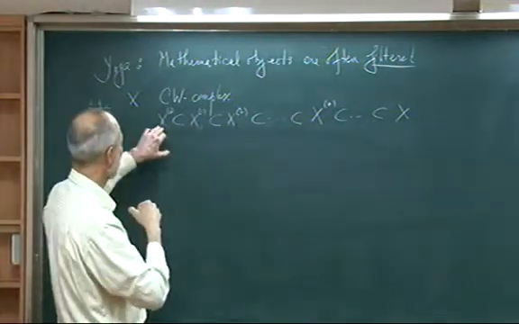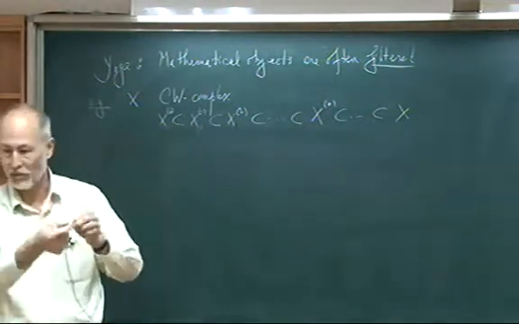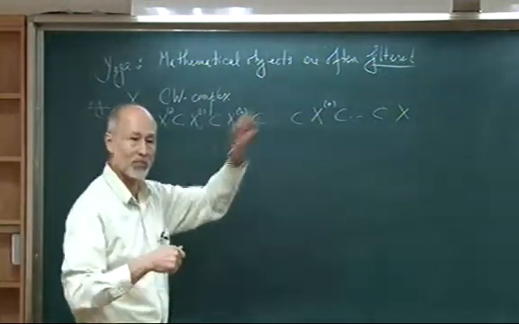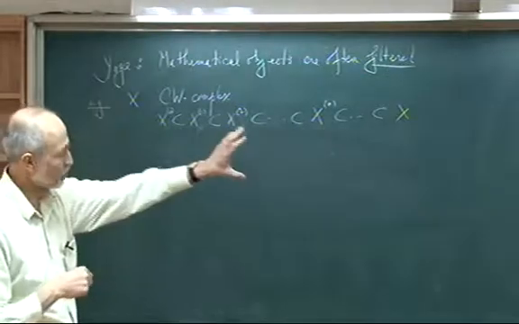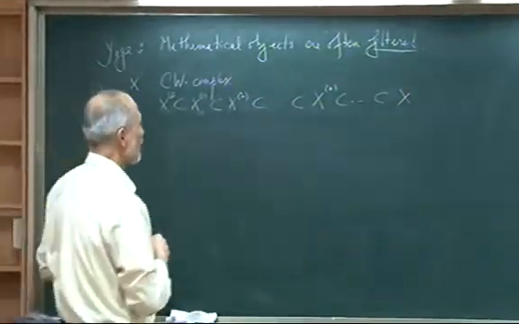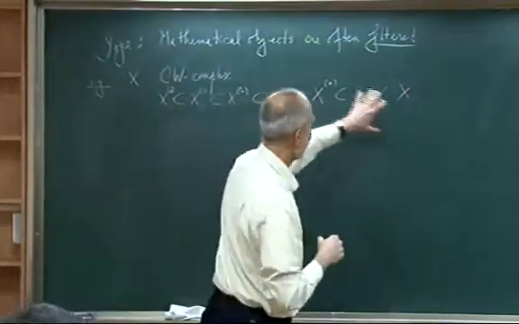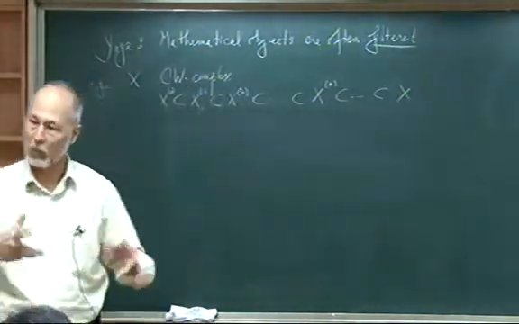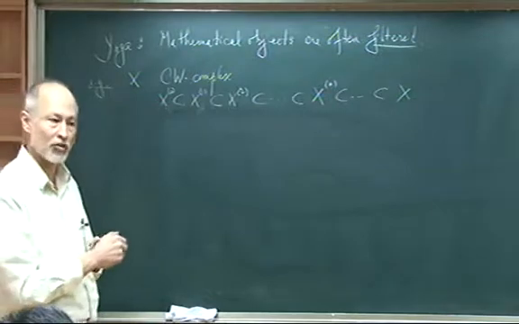And so I begin with a bunch of points. I add some lines between the points. I add some disks. I add some balls. And in this way, the CW complex has a natural filtration associated to it by way of how you construct it.